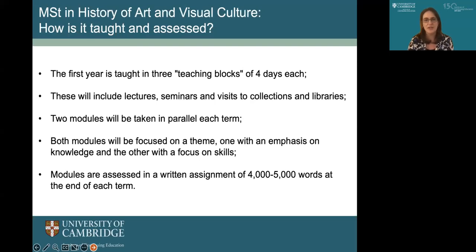The other module that you do side by side has more of a focus on practical skills and how you might become a researcher in that theme, or how you might apply your study skills to your academic work. Those 2 really sit side by side together. I'll give you some examples of that in our discussion later. Each of these modules is assessed by a written assignment of 4,000 to 5,000 words at the end of each term.